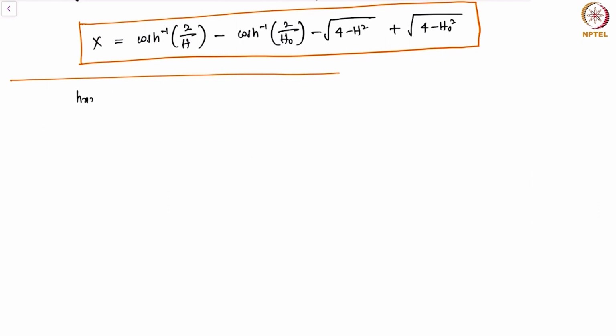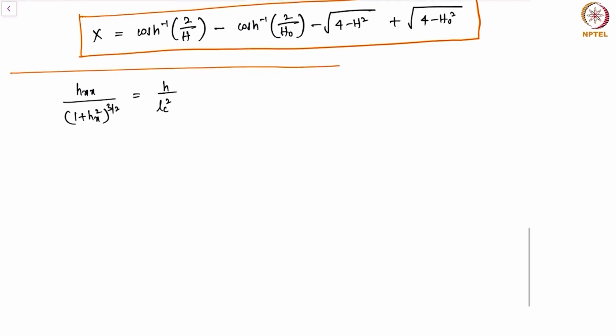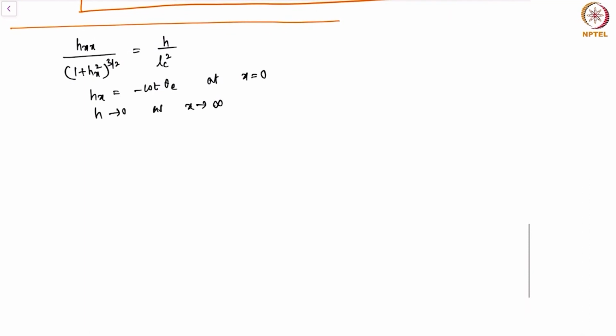We have h_xx divided by (1 plus h_x square) whole power 3 by 2 is h by l_c square. This is what we have, right? Now with the condition h_x is minus cot theta e at x equal to 0 and h goes to 0 as x goes to infinity. This is the condition that we have.